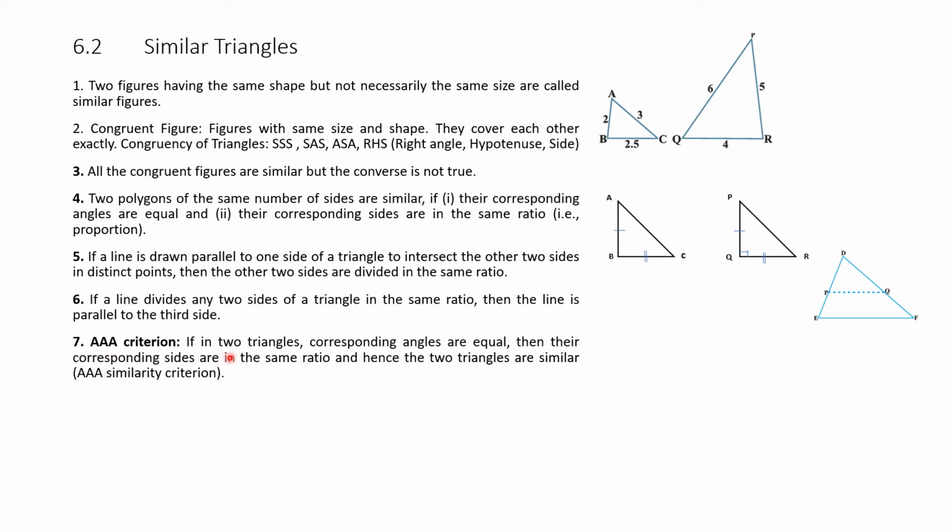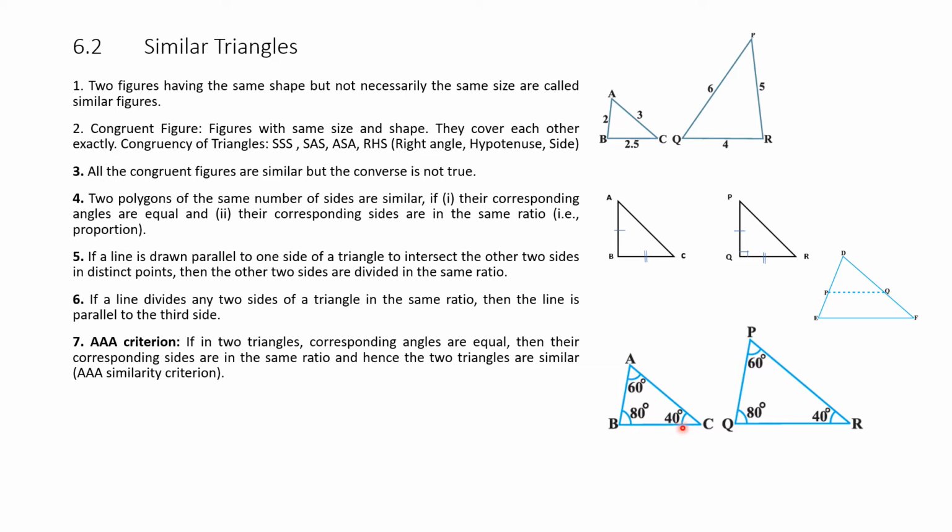If in two triangles corresponding angles are equal, then their corresponding sides are in the same ratio. Please note, same ratio, and hence the two triangles are similar. This criterion is called the AAA similarity criterion. Please remember. See the figure here.